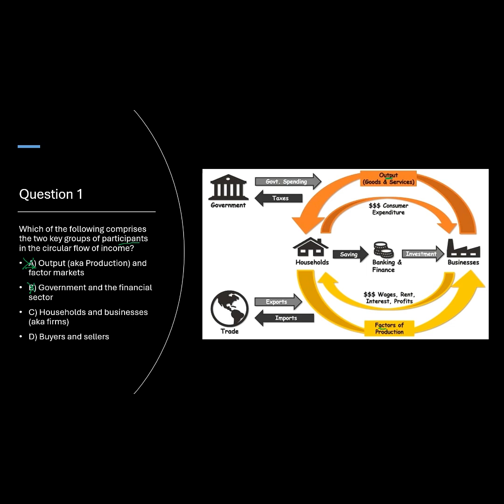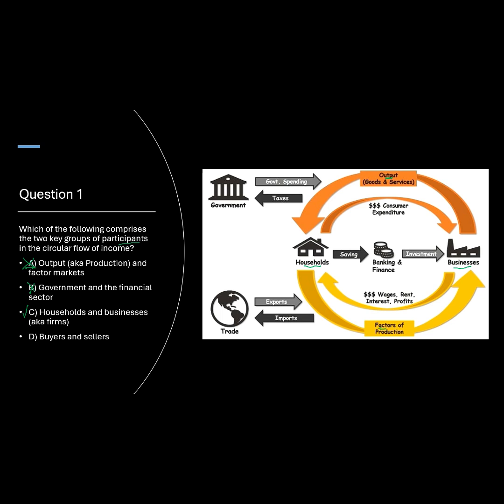Well, households are individuals, and every household, regardless of who you are, participates, as well as every business. And again, that's participating through either selling your labor or making purchases, or businesses creating new products or services. So yes, households and businesses are the two key groups in the circular flow model.